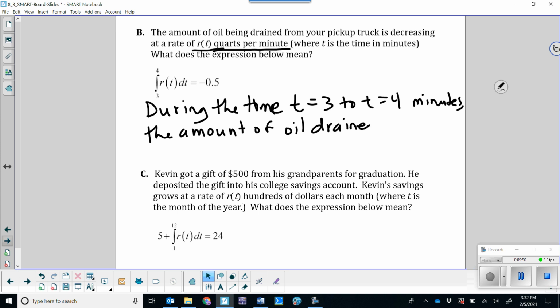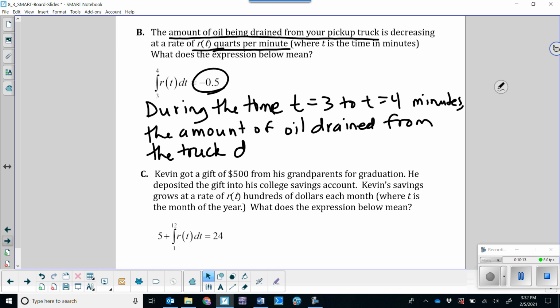So again, that's what they told me it was. They said this is the amount of oil being drained from your truck. So the amount of oil drained from the truck. The answer is given, so we would say it decreased by half a quart.